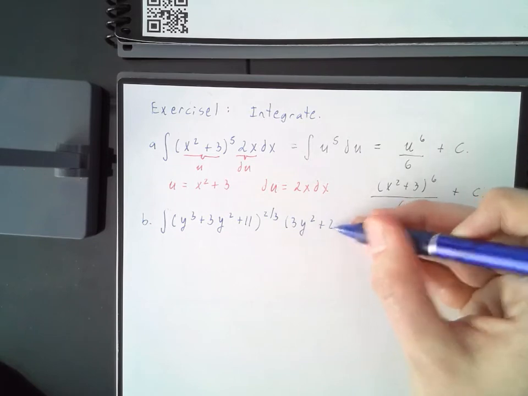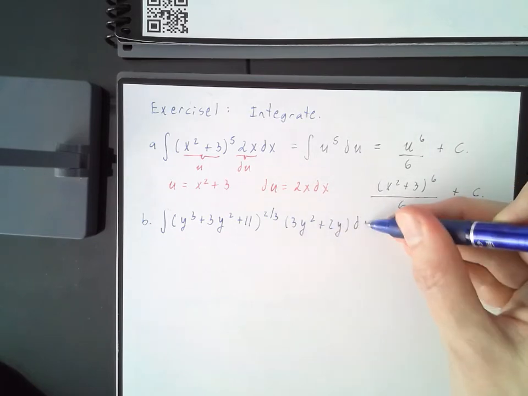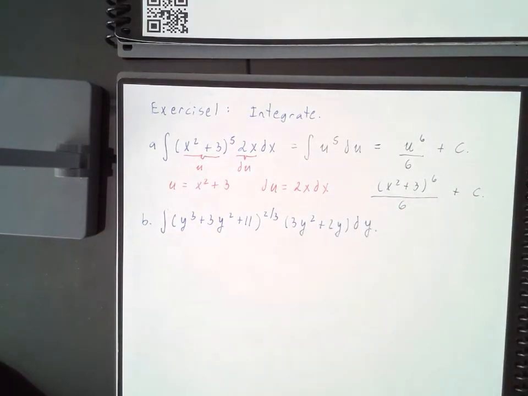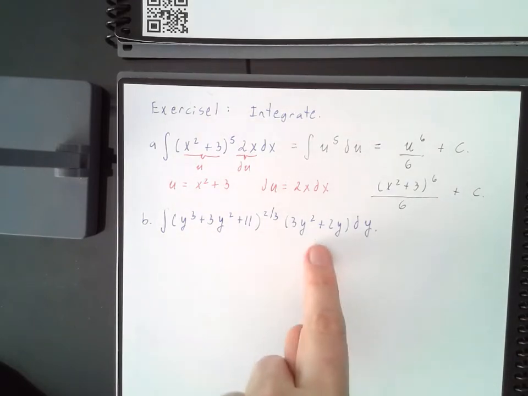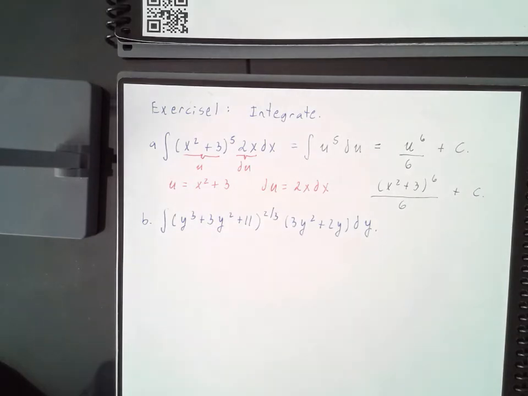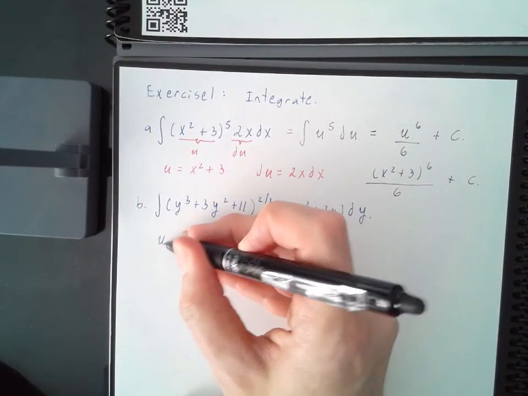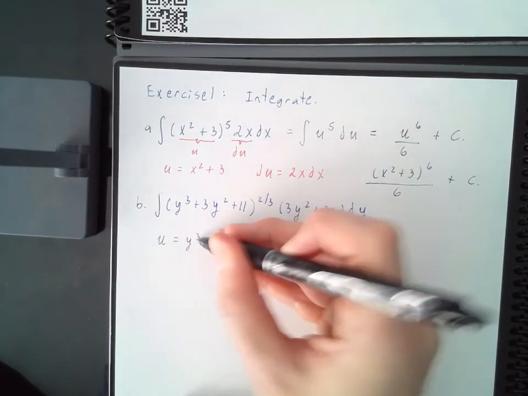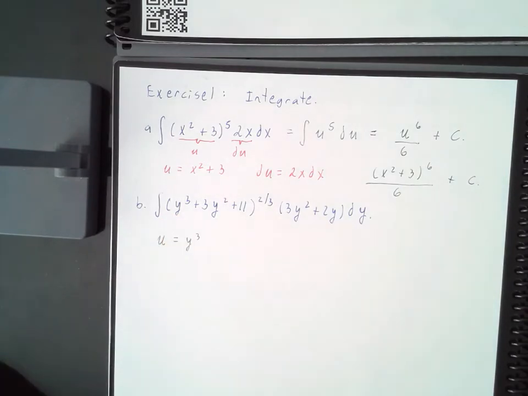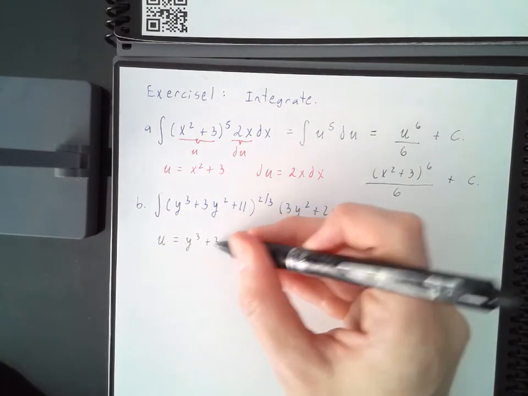And another small issue that we're going to have to deal with in this problem is that the derivative of the variable that we're proposing is not going to be exactly there, but we can always do the substitution as long as we multiply or divide by a proper constant. So over here, I'm just going to propose that this is going to be my variable of substitution.